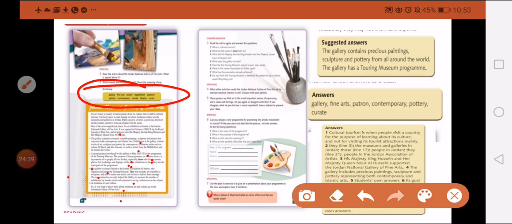The gallery is closely linked to the Jordan Association of Artists, who organize and curate the Towering Museum. Now who?